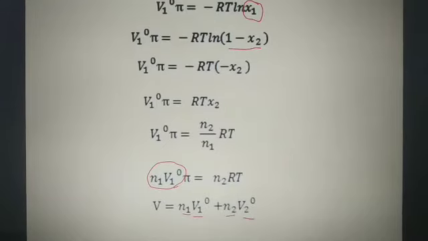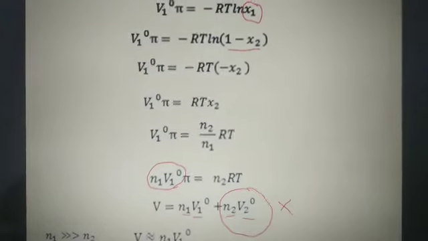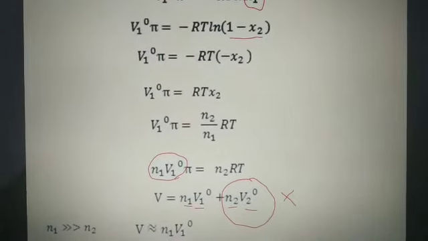Since n2 is very much less than n1, V is nearly equal to n1 V1 naught. That term is negligible and can be neglected from the addition. So volume is equal to n1 V1 naught.